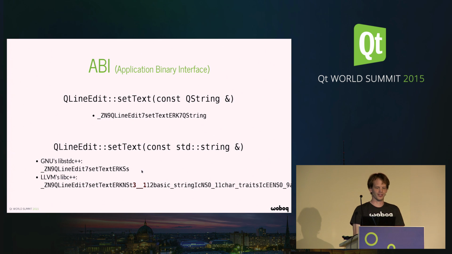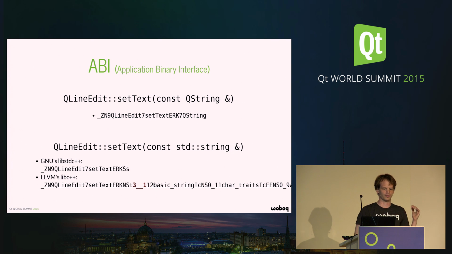You have the short version here because the GNU library is shortened, but the LLVM libc++ puts the standard library in an inline namespace, so the symbol is different. But not only the symbol is different, the content of the std::string is also different. How the memory is laid out differs from implementation to implementation.